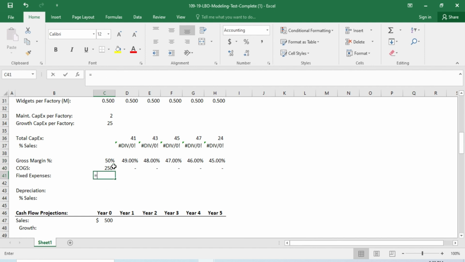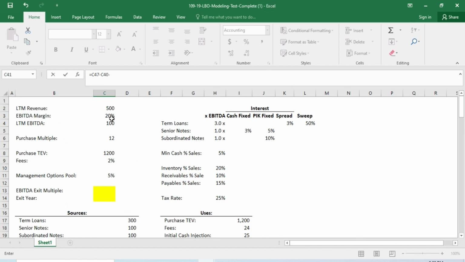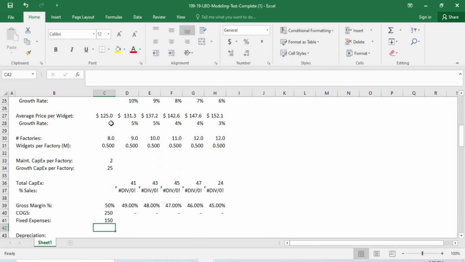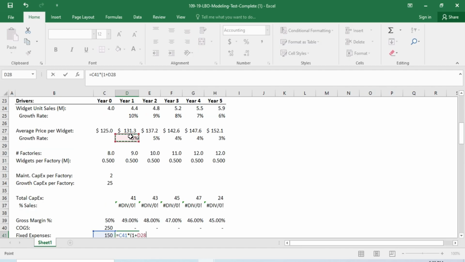And fixed expenses, whatever the sales are, minus COGS minus beta, will be fixed expenses, and they will grow by the rate average widget price is increasing.